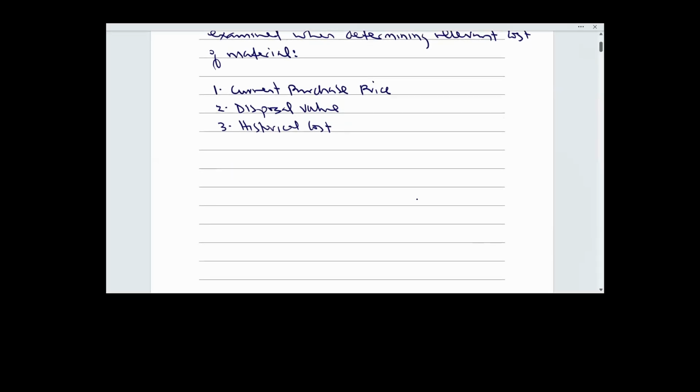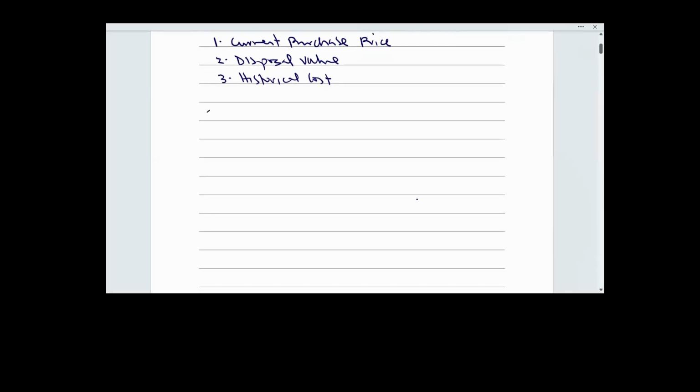So the first item is current purchase price. What do you mean by current purchase price? How do you identify in a question that current purchase price is relevant? Let's talk about it. This is also known as replacement cost.